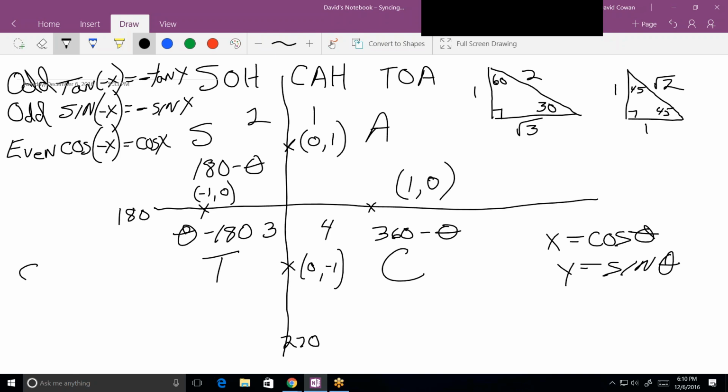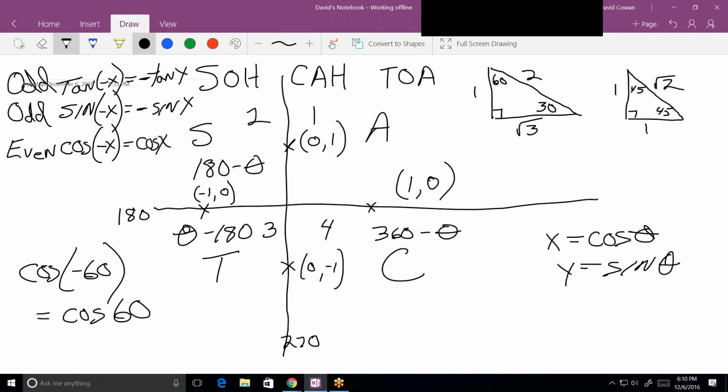Let me test you. What's the cosine of minus 60? The negative cosine of 60. Well, look up the even functions. Cosine of minus angle is the same as cosine of the plus angle. So that's equal to the cosine of 60. Well, now look at that triangle. What's cosine of 60?